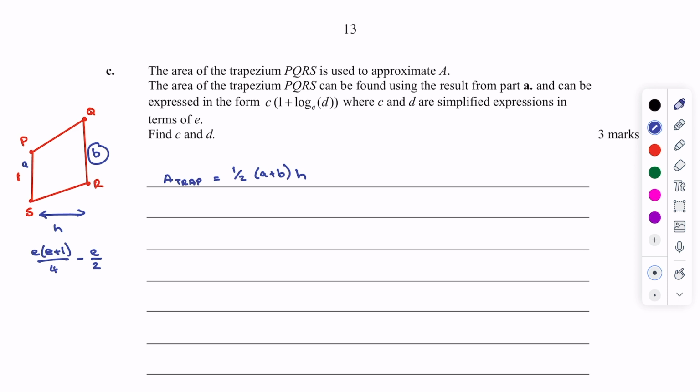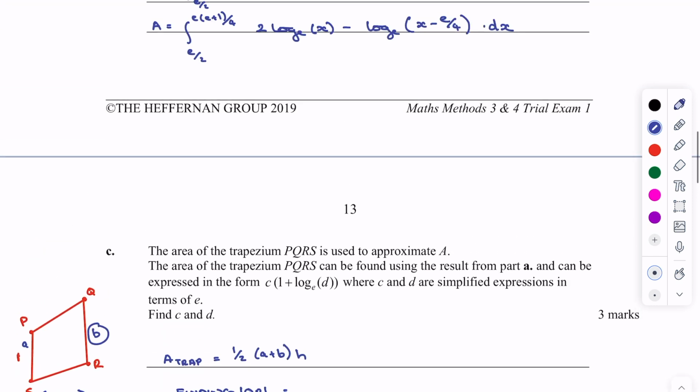And I really want to find what b equals, finding the length QR. What is that going to be?